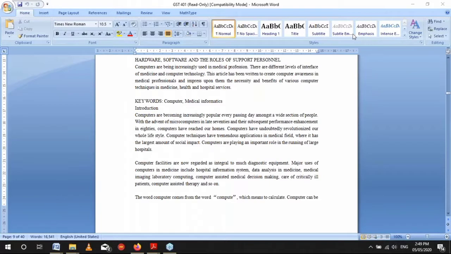Hardware is the term given to the physical components of the computer system. And I said hardware is divided into 3 units.